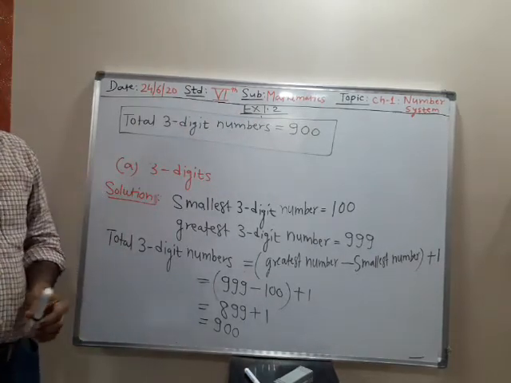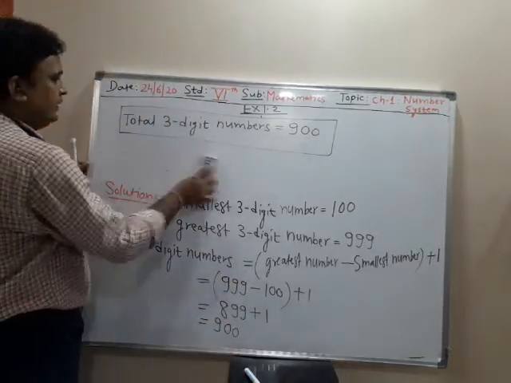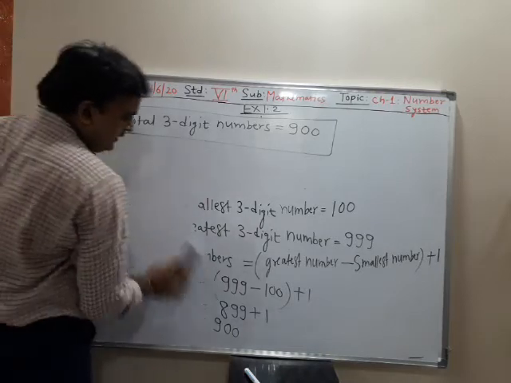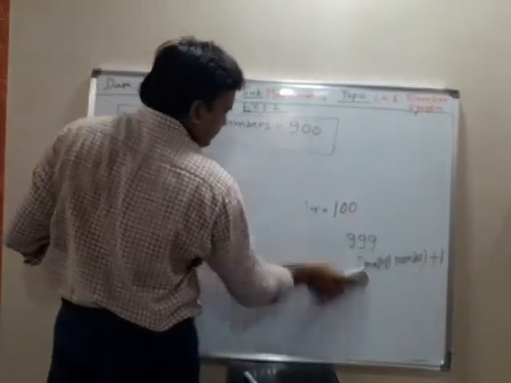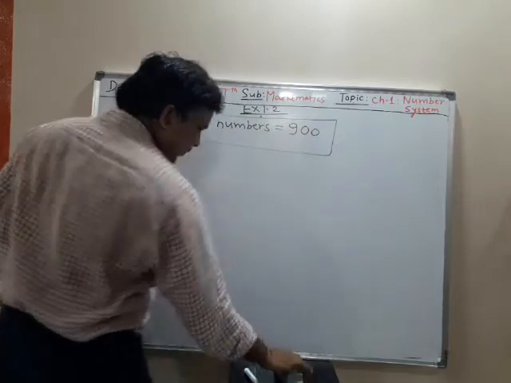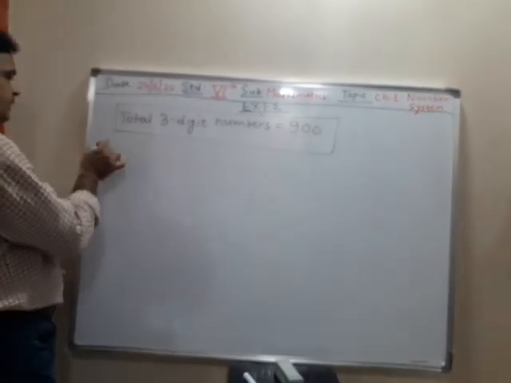Similarly for 4-digit numbers. B part: how many 4-digit numbers are there?